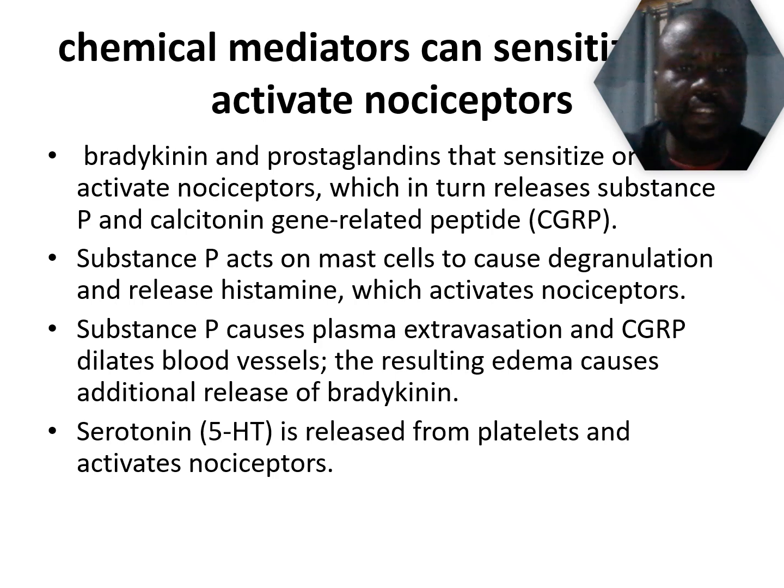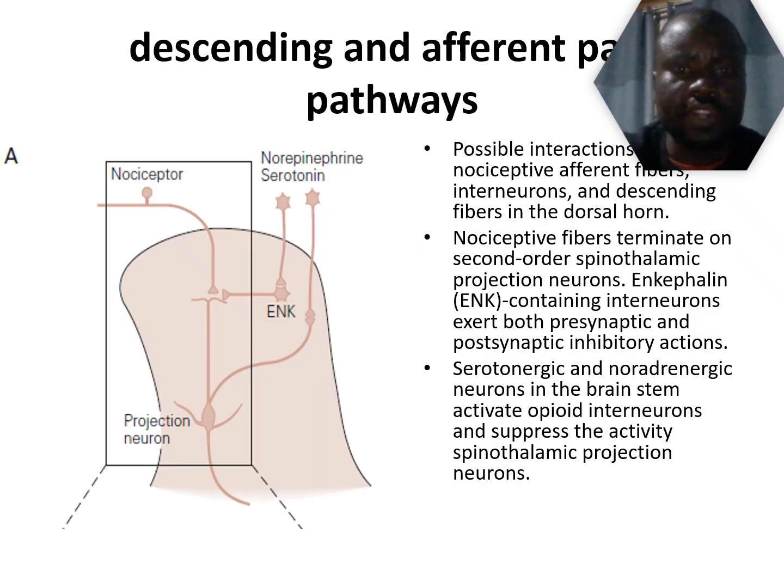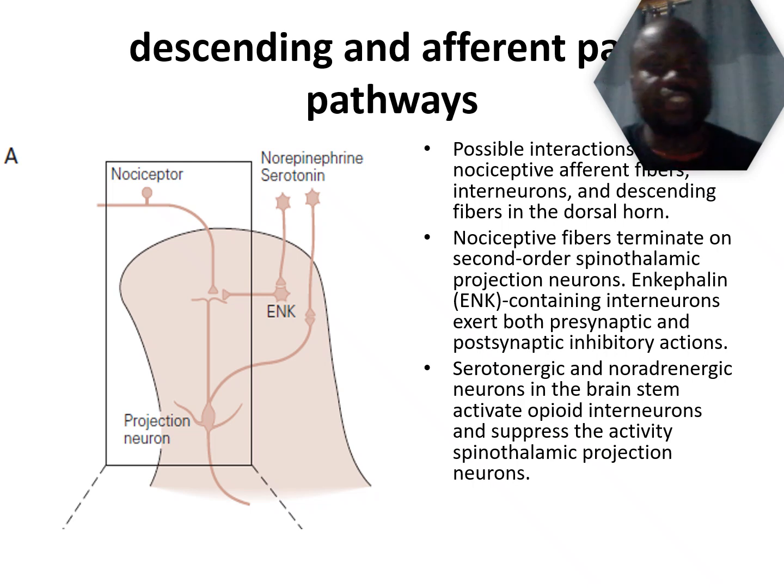Also quickly, what you need to know is that we have a pain breaking or pain relieving pathway normally in the body, such that at the synapse between the first neuron and the second one, there is a neuron that tends to release what are called endo-opioids, or opioid peptides, that are released to suppress the release of neurotransmitters in this synapse, and also to suppress further transmission in the projection pathway.